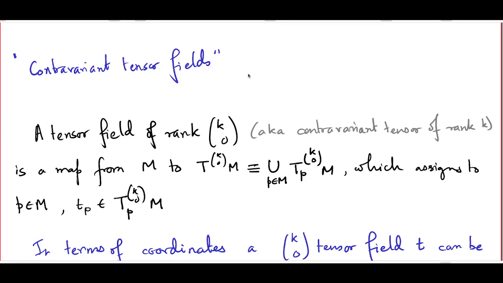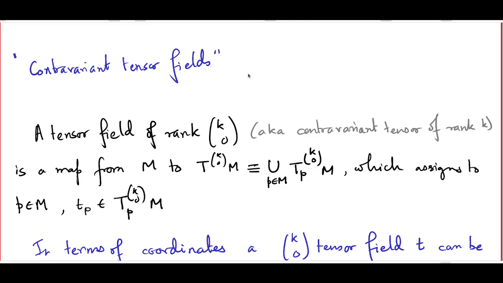Now that we have defined various kinds of tensors at a point, let us talk about tensor fields. And let us begin with contravariant tensor fields, or to be more modern in our language, a tensor field of rank (k,0).